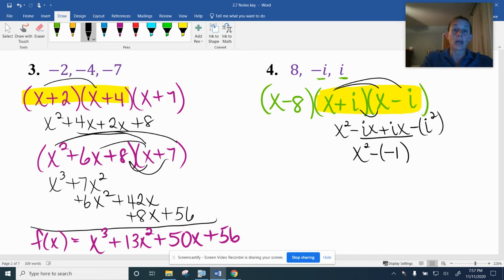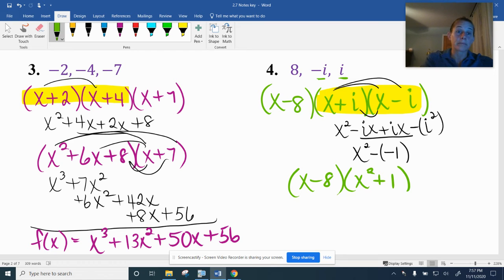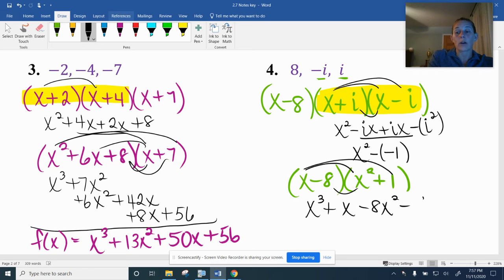So this now becomes x squared plus 1. And now that's going to be much easier to multiply to that x minus 8. So when you multiply these 2 together, you're going to get x cubed plus x minus 8x squared minus 8.